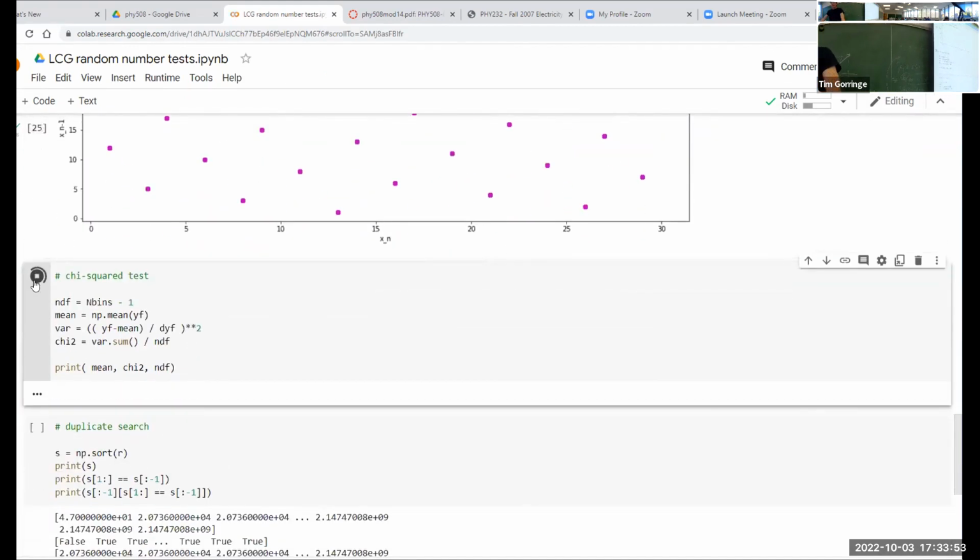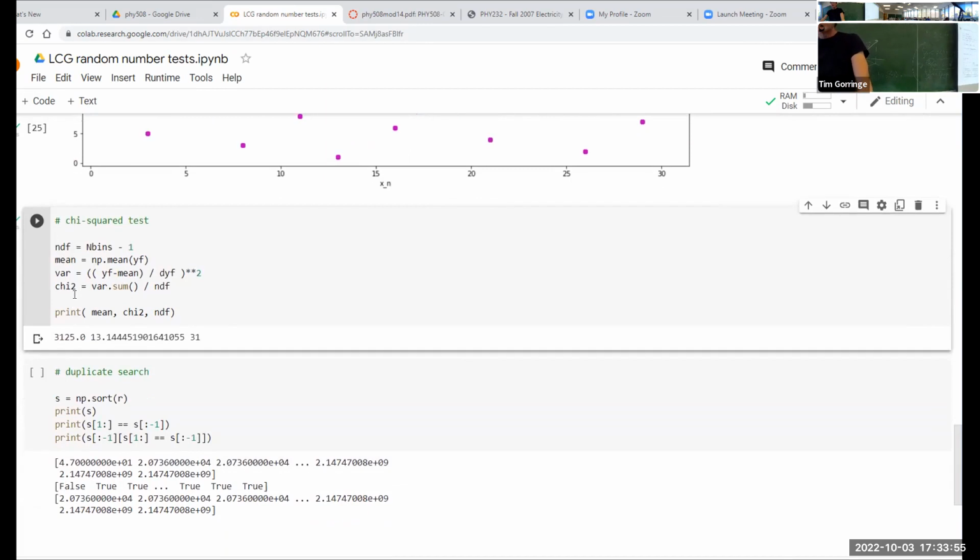And so here, I'm just calculating the mean of those 32 points. Those were the YFs. And then I'm calculating the differences of each point from the mean squared divided by the errors on them squared.